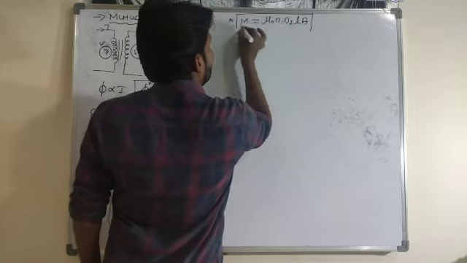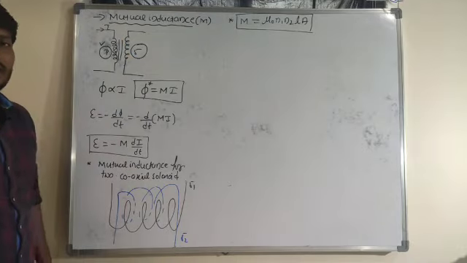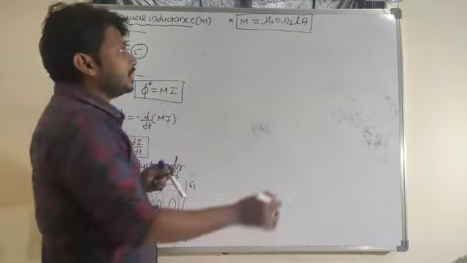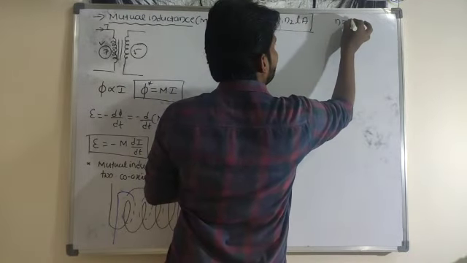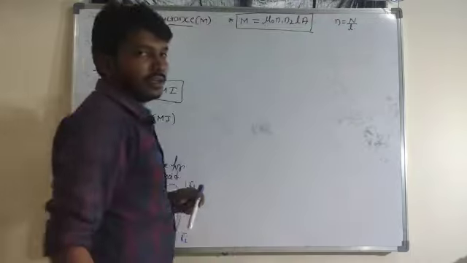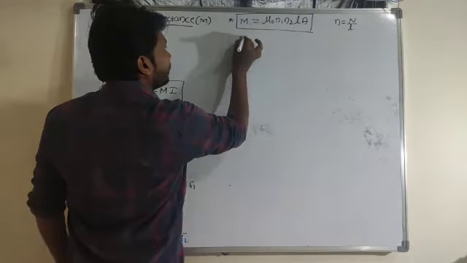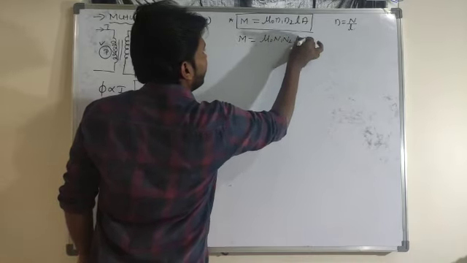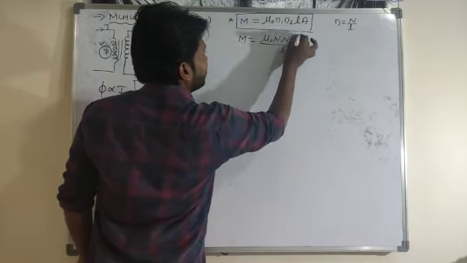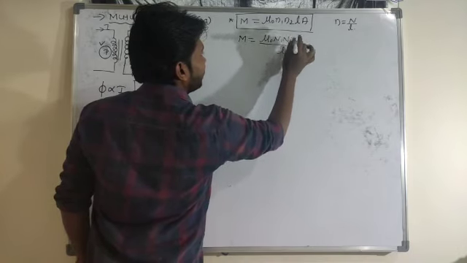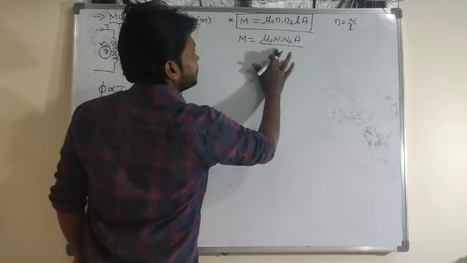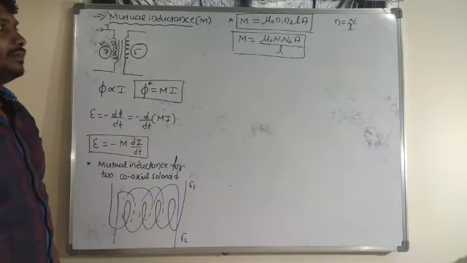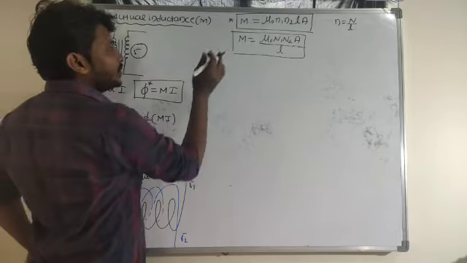M is equal to mu naught n1 n2 L into A. Here small n represents the number of turns per unit length, so n I can consider as N by L. I can rewrite this in another form: mu naught N1 N2 L into A divided by L square. One term will get cancelled out. So the other form is mu naught N1 N2 into A divided by L. So this is about mutual inductance.